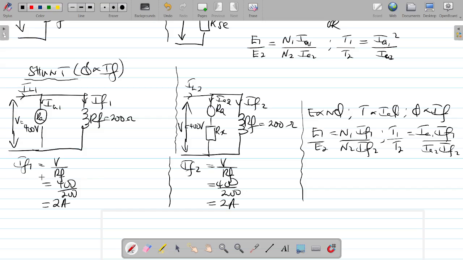Because now your IF1 is the same as IF2, in the formulas for EMF and torque you don't need to write it. You can write it if you want. Alternatively, you can just express your formula as E1 over E2 equals N1 over N2. Formula for torque, T1 over T2 equals IA1 over IA2.